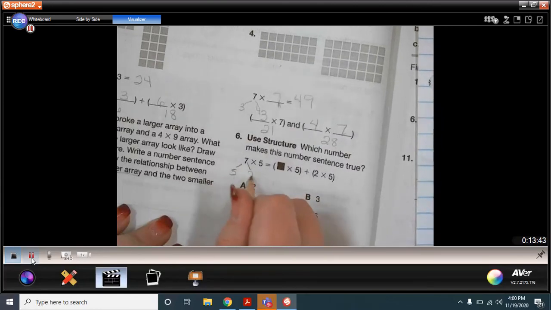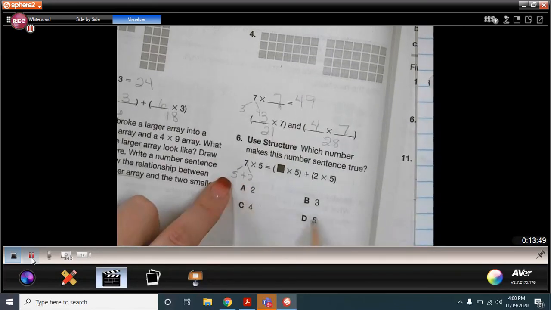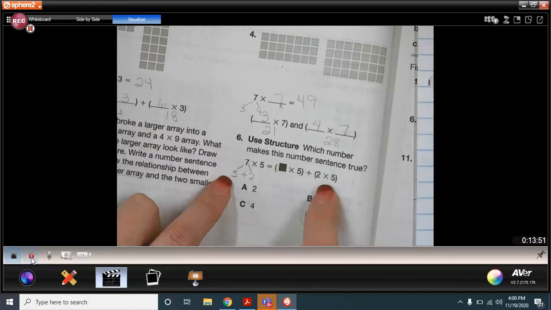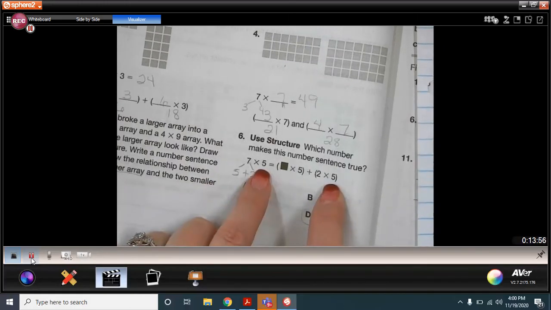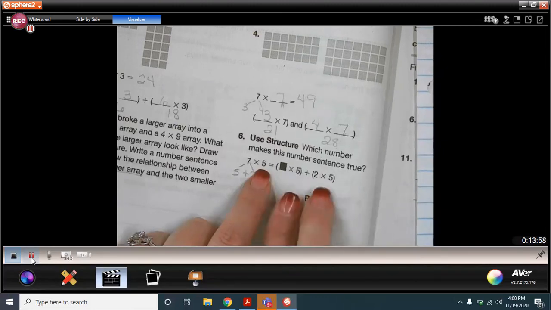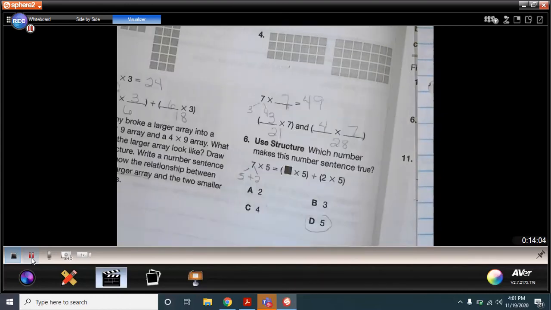So 5 rows and 2 rows is going to make up the 7 rows. So I'd have 5 rows of 5 and 2 rows of 5. And notice that my second factor stays with the same number in each row. Those are the same amount in each row. 5, so 5 stays 5.